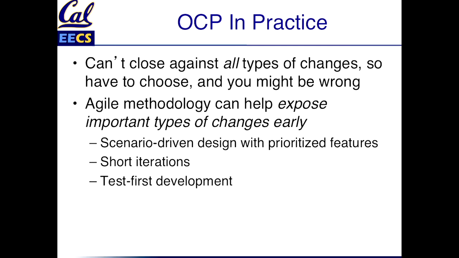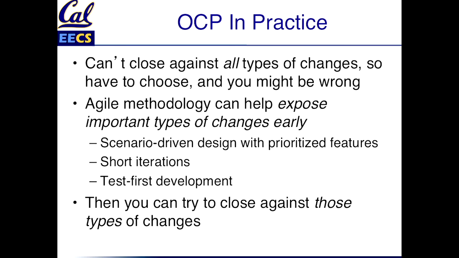Right? So the techniques that you already know are designed exactly for this, but one of the caveats of OCP is you don't always know until it comes time to maintenance and improving the product. You don't really know which extension points you're actually going to care about. So you sometimes have to make an educated guess. Then you can try to close against the types of changes that you think are not really extension points. Right?